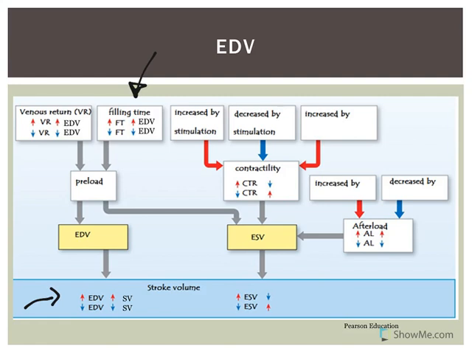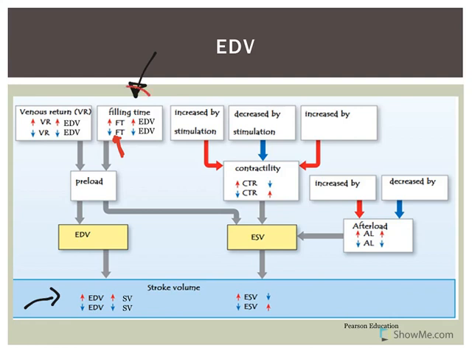So if your heart rate goes up, what can happen is your filling time will go down, which you see here, which would decrease your end diastolic volume. If you increase filling time because your heart rate's slower, that would increase end diastolic volume.